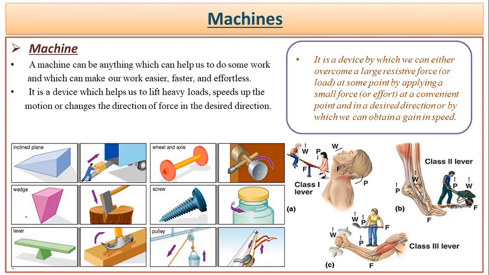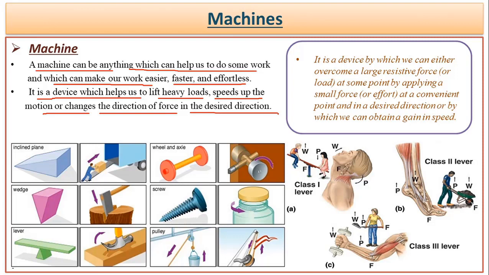Let's understand that. A machine can be anything which can help us to do some kind of work, which can make our work easier, faster, and effortless. It is a device which helps us to lift a heavy load or speed up the motion, or it may change the direction of the force which we apply to do the work in our desired condition.